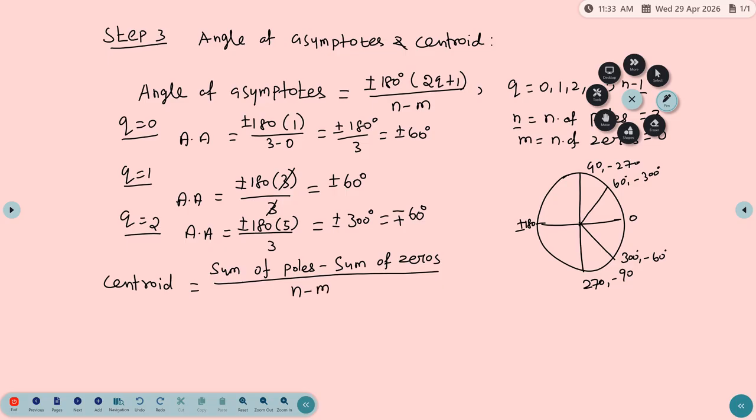Here n is the number of poles, m is the number of zeros. In the numerator we have the sum of poles and the sum of zeros. So we have 3 poles, so P1 plus P2 plus P3 minus, there is no zero, so 0, divided by n equal to 3, m equal to 0.